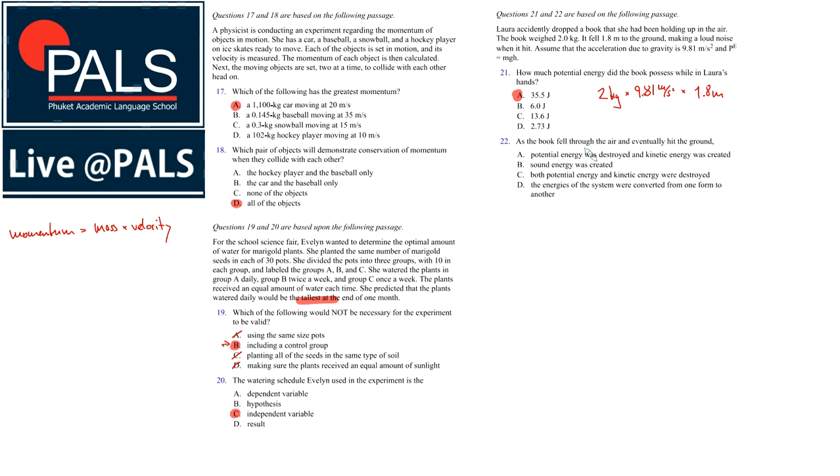As the book fell through the air and eventually hit the ground, the potential energy was destroyed and kinetic energy was created. Sound energy was created. The potential energy and kinetic energy were destroyed. The energies of the system were converted from one form to another.